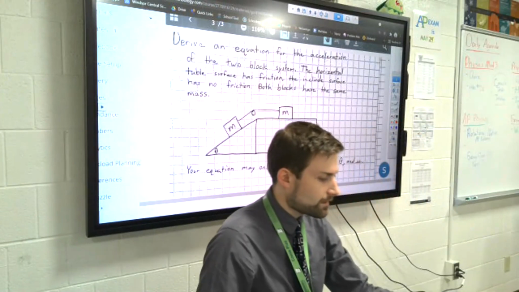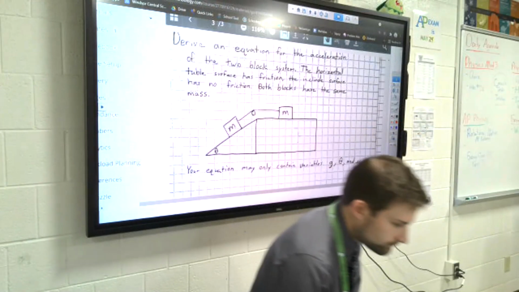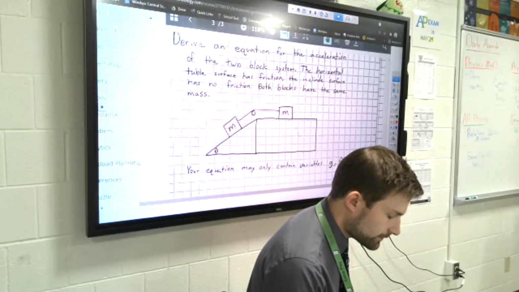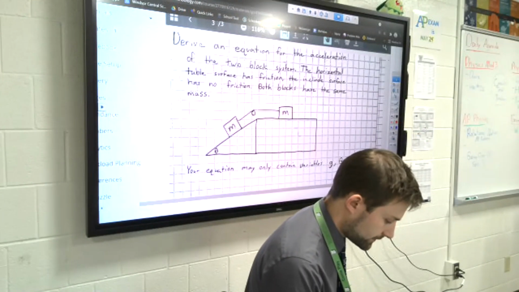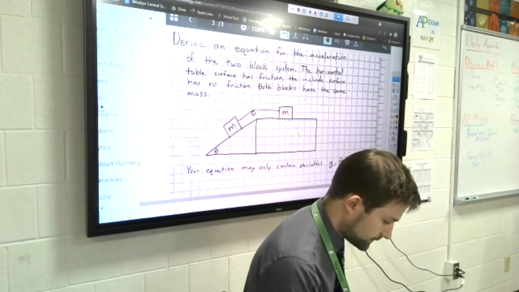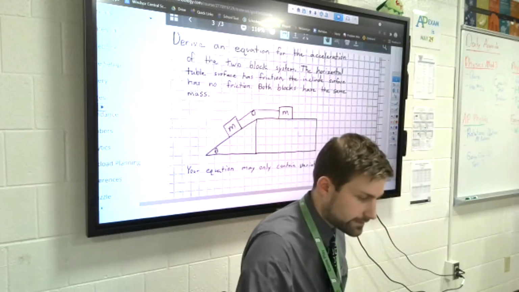Hold on. So 9.8 times negative 6 divided by 0.2. So that's the acceleration.